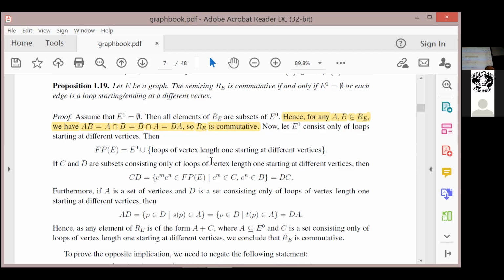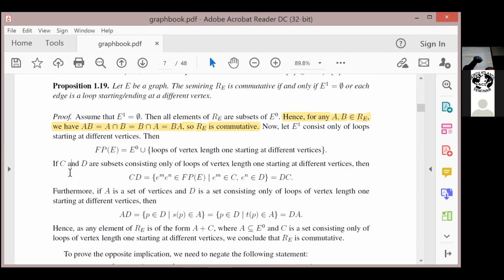And you can use the formula which I wrote for you before. If I have a subset A of the set of vertices times any other subset B, then what I obtain is the subset of the one on the right which has the property that each of its paths begins in my subset A. And if I multiply from the other side, I have the same, but with the ends.